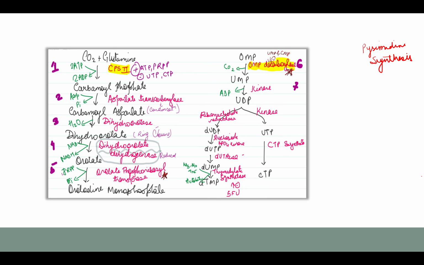Pyrimidine synthesis. So, the carbon dioxide and glutamine in the presence of enzyme carbamyl phosphate synthase 2 forms carbamyl phosphate. Carbamyl phosphate synthase 2 is present in cytosol.